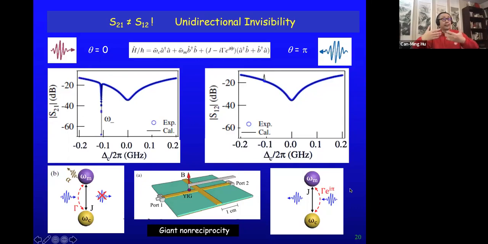So you get a non-reciprocal device due to the combined effect. In fact, it is due to an interference effect between the coherent coupling and the dissipative coupling that induces this giant non-reciprocal behavior, because the traveling from one port to the other port is completely invisible. Okay.